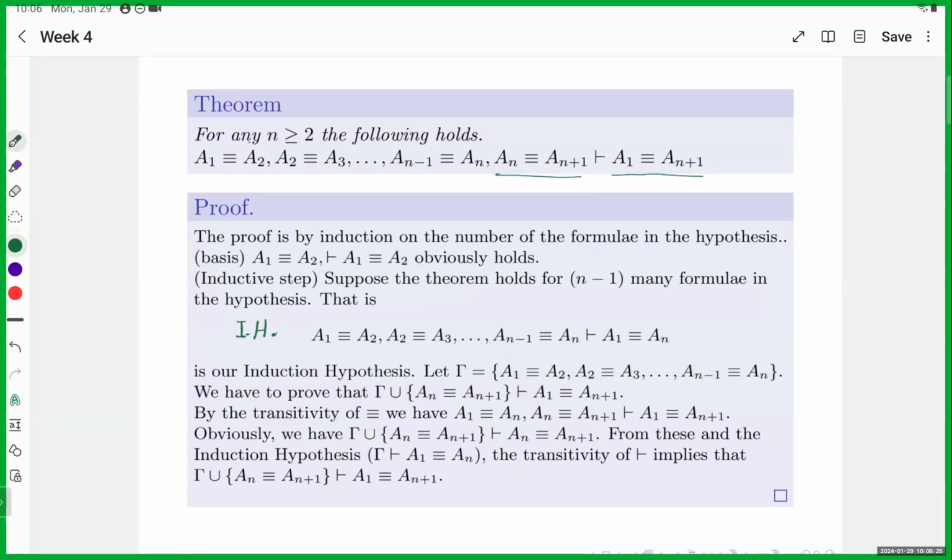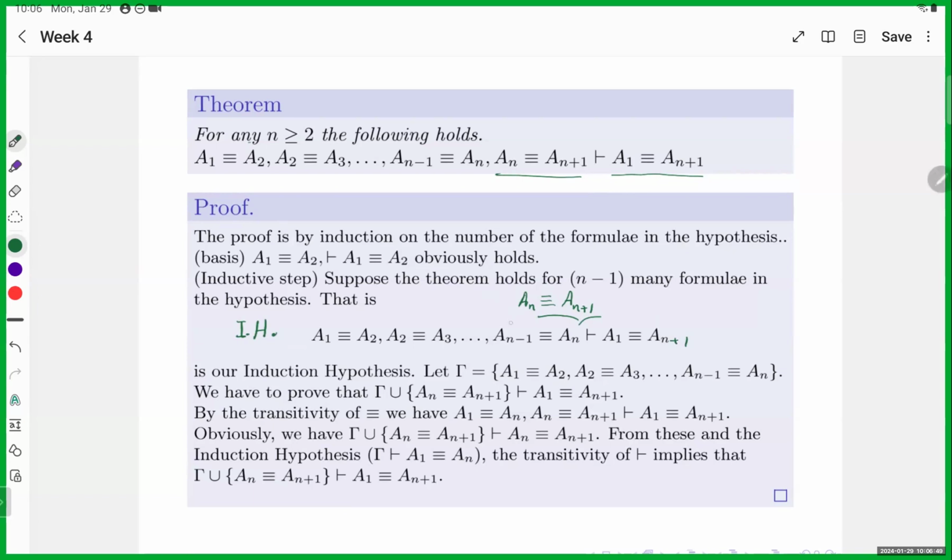Now you add one extra hypothesis here, right? The hypothesis is AN is equivalent to AN plus 1. And now you want to prove that A1 is equivalent to AN plus 1. Now, how do you do that?